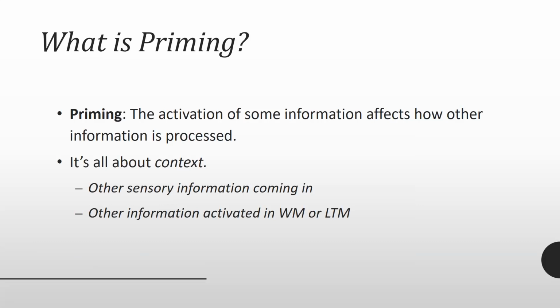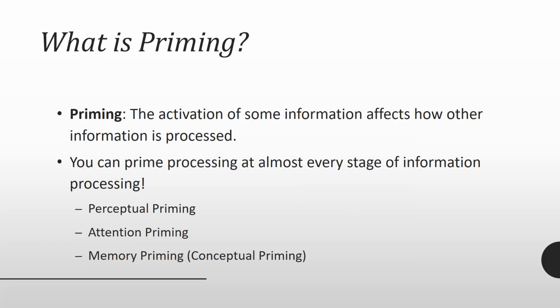Or it could be that what is already activated in your working memory, or the information that you know in your long-term memory, affects the information that you perceive or the information that you remember. So it's all about context. It might make a little bit more sense once we get into some actual examples.